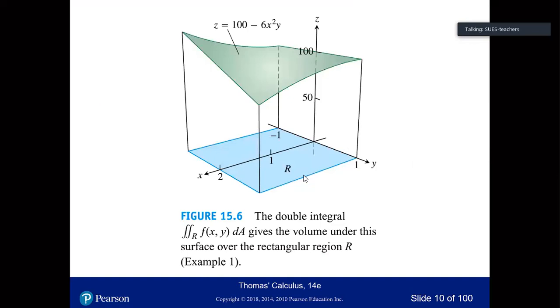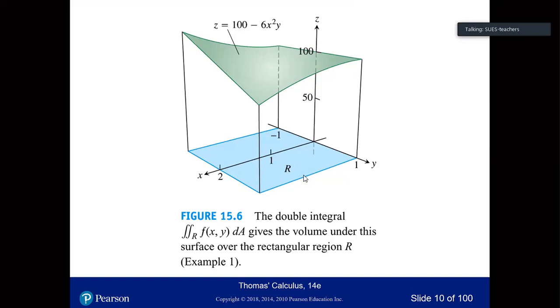Let's see the example. This is example one, showing how the multiple integral looks within a rectangular area. Before we go into the algebra, as I always say, we are not going to ask you too much about how this integral works.